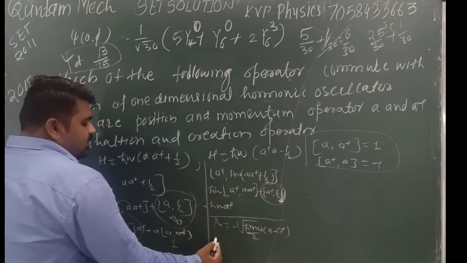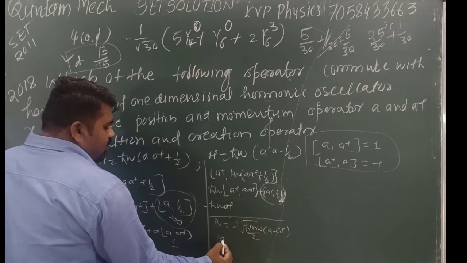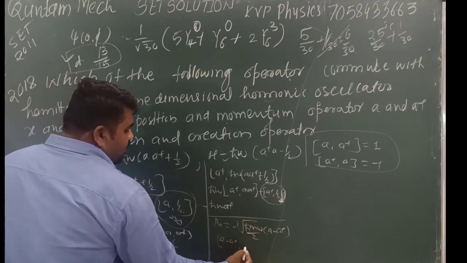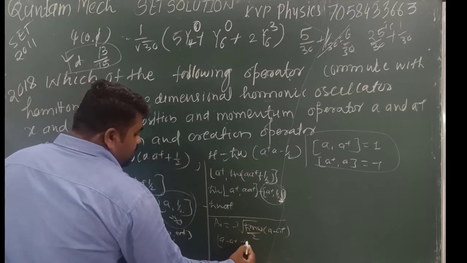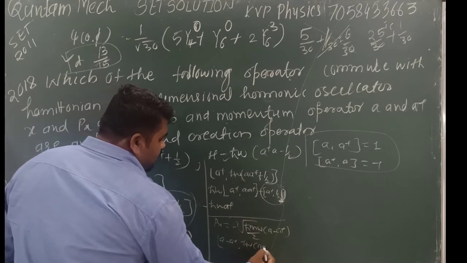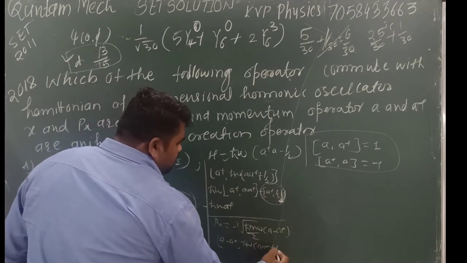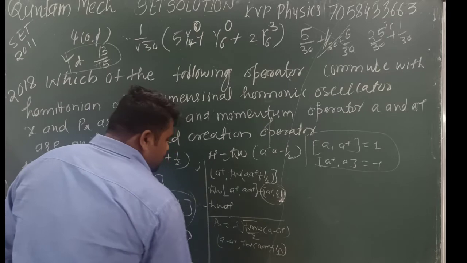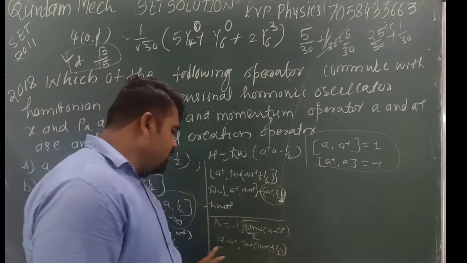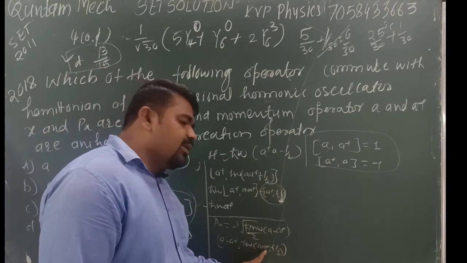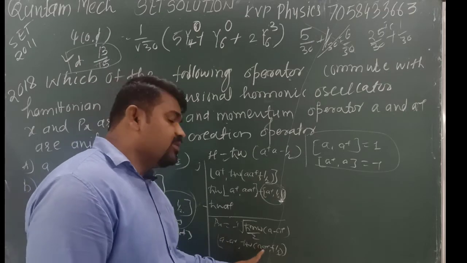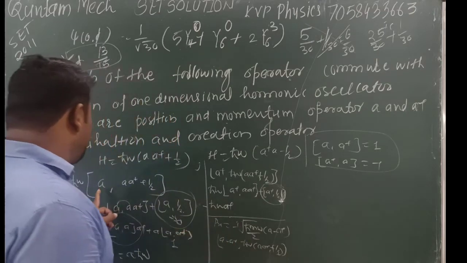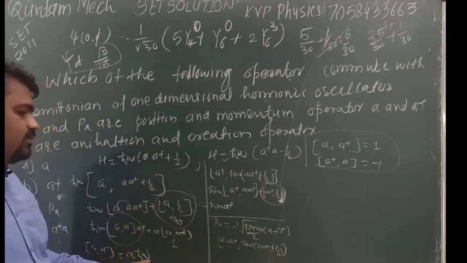Okay. Now see here, our aim is finding the commutator of A minus A dagger with the Hamiltonian H cross omega A dagger A plus 1 by 2. Simply see here, H cross omega we can take common out. Take the A commute with A dagger. A with A dagger gives non-zero.